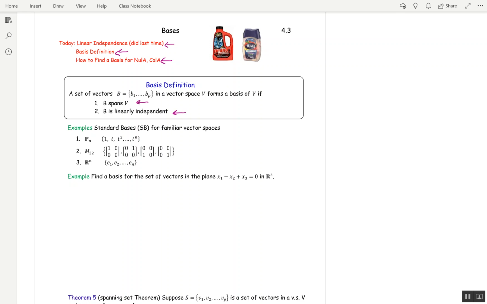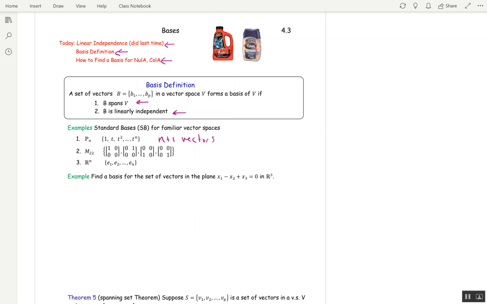The standard basis for some familiar vector spaces are as follows. For Pn, which is the set of polynomials of degree less than or equal to n, the standard basis is 1, t, t squared, up to t to the n. Notice that that's n plus 1 vectors, which will be important when we talk about dimension.